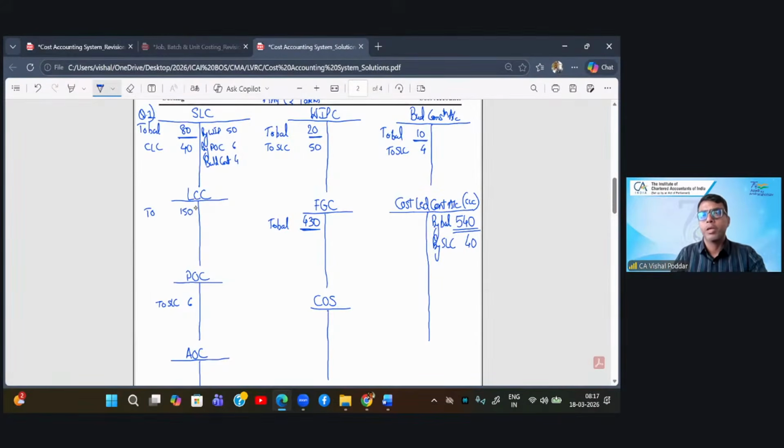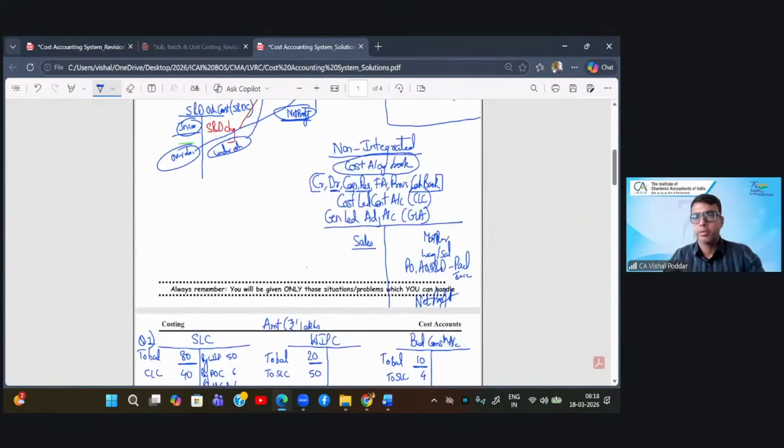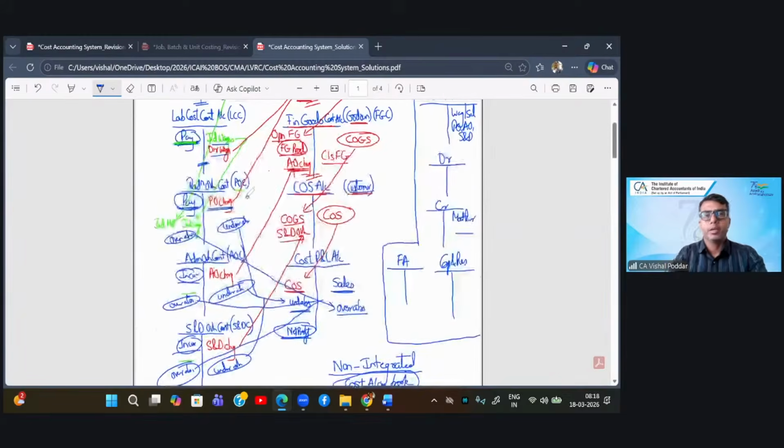Now, what ledger account will I use? I'll use the ledger account of cash bank, which is the CLC. So the second effect will be here. As I had explained above, all expenses, material purchase, wages, salary, all are credited here and debited in their respective accounts.